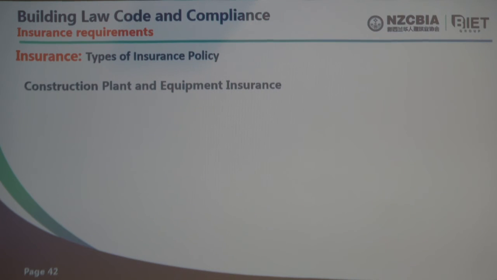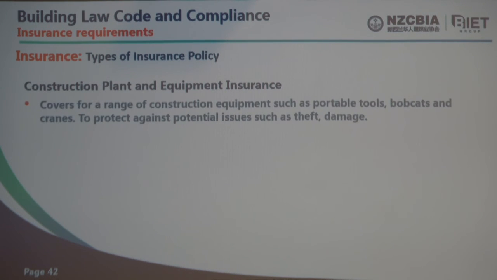Construction plant and equipment. Covers a range of construction plant. Looked at the photos of the crane. Very expensive piece of plant. You've got a $200,000 piece of plant which has been destroyed. Potentially that will disrupt your project. You have to hire a new one. That's additional cost. Who's going to pay?